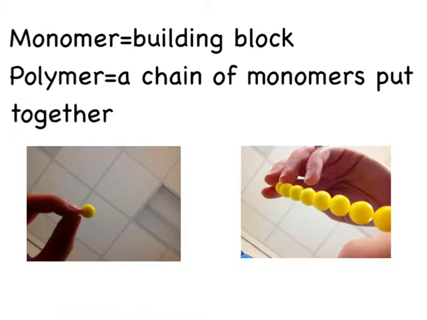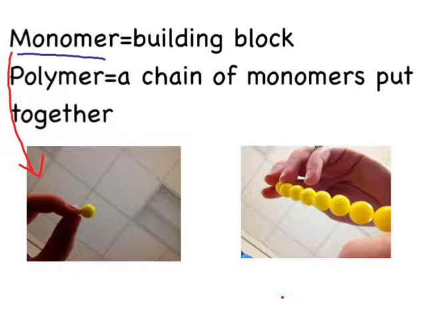Okay, some vocab that we need to cover before we can move on into our 4 biomolecules are monomer and polymer. So a monomer is the building block, a single building block of a molecule. My example of a monomer is going to be this bead here. A single bead is like one monomer, okay?